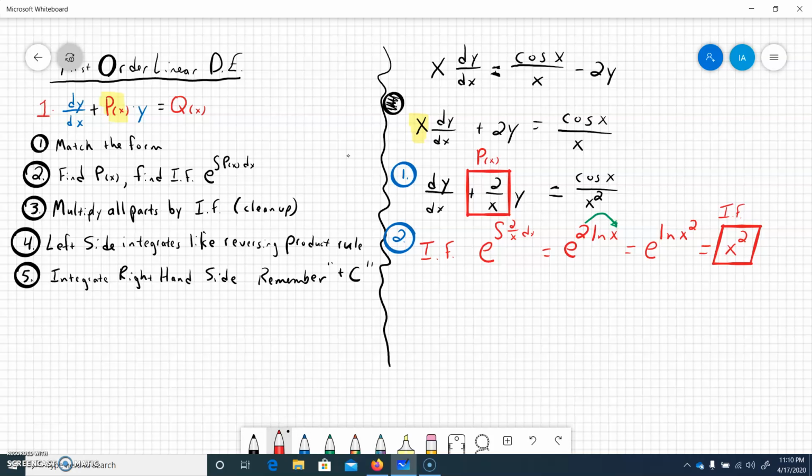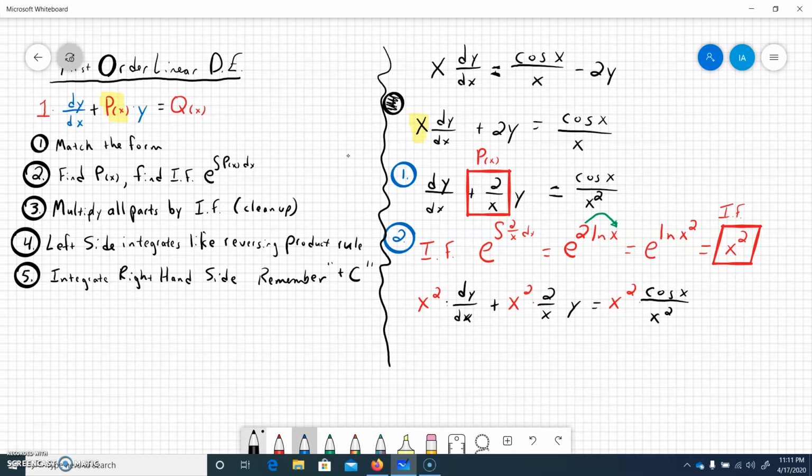We're going to multiply, we'll have x squared times dy dx plus x squared times 2 over x y equals, and then we'll have x squared times cosine of x over x squared.